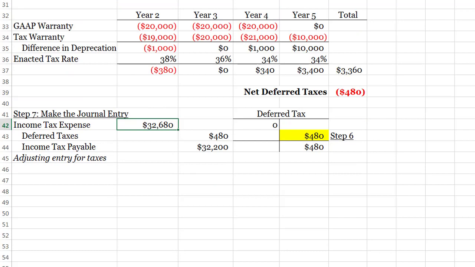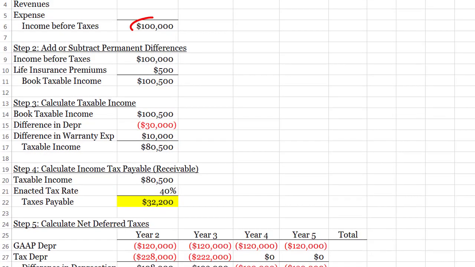I can't really show you how that would look, although you can pull up a 10K for a company and find that deferred tax footnote and see all the numbers that are there. What I can show you is how they would look if you chose to put them in the income statement, because that's pretty generic. So let's go ahead and do that. Income before taxes, and that number is up here, so I'll just link to it.